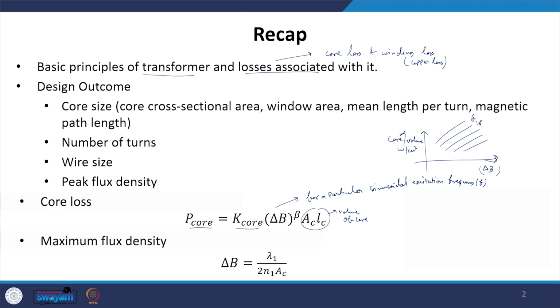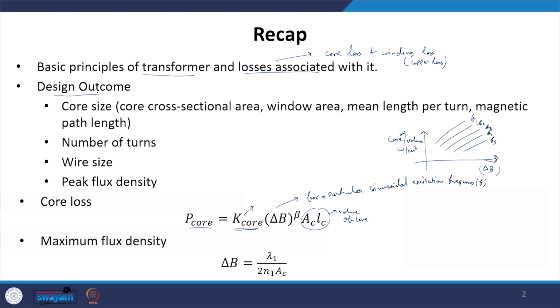For one particular frequency the constant K core has one value, and for a different frequency of excitation this K core value will be different.